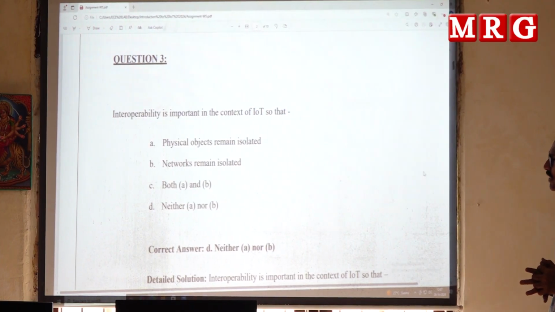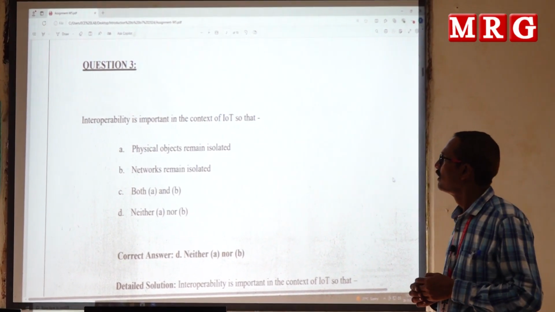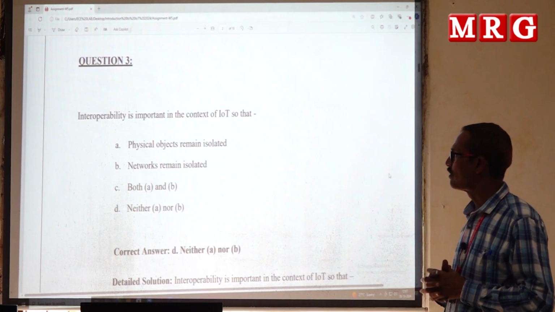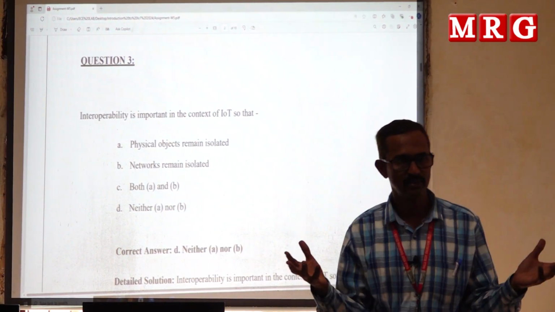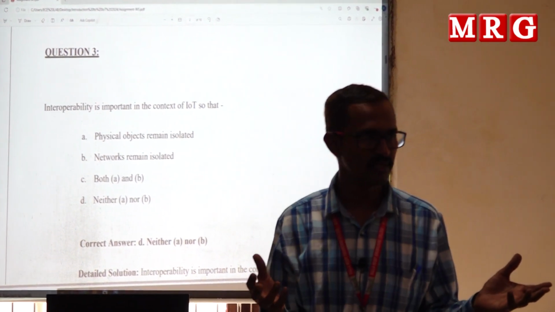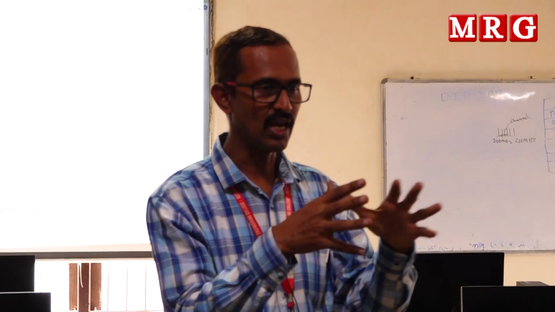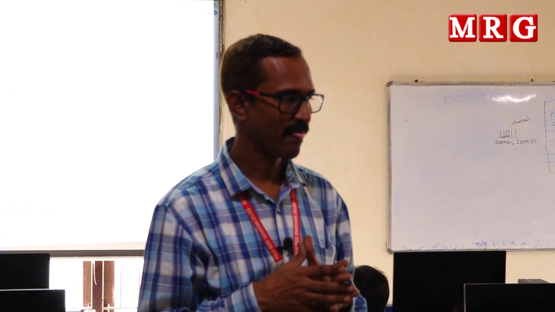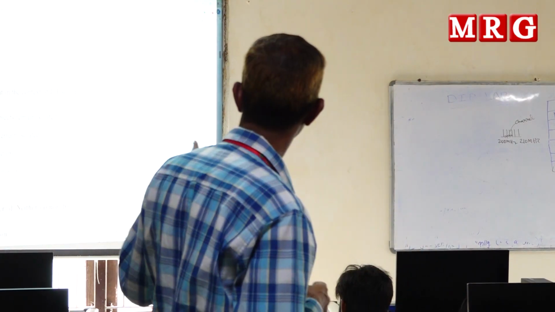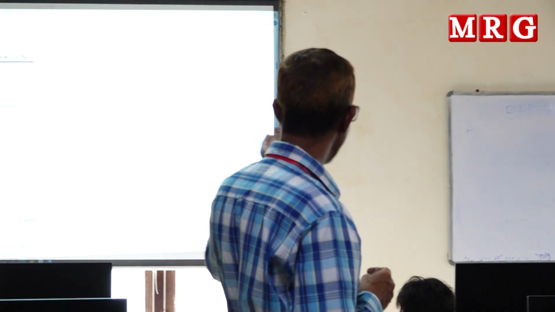Interoperability is important in the context of IoT so that physical objects remain isolated. Isolated, physical objects? All physical objects are interoperating. In the definition of IoT itself I told, all physical objects are connecting. We are operating, interoperability is possible. But he says IoT so remain isolated.